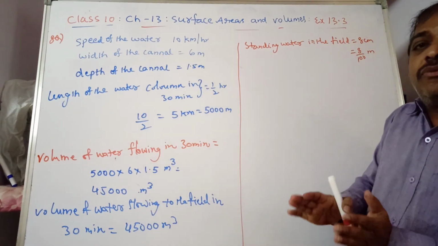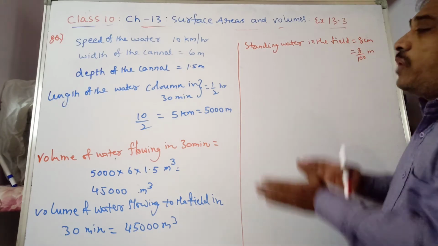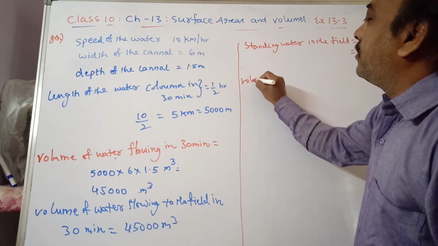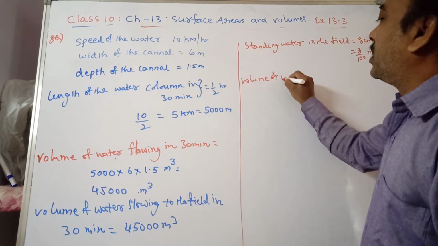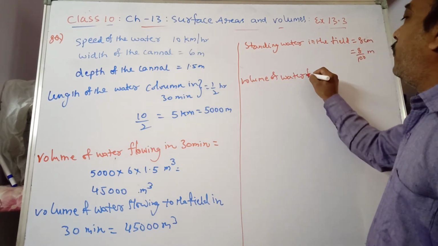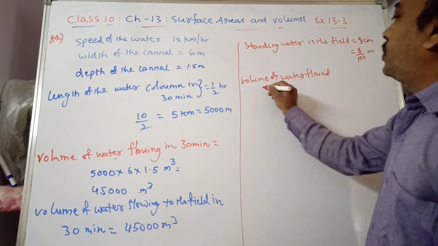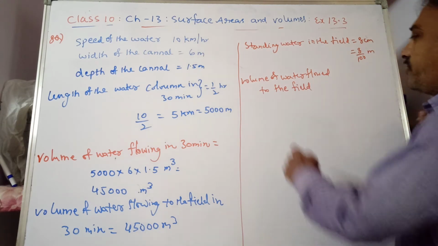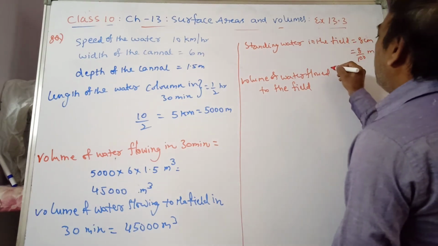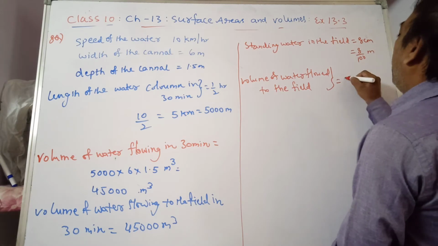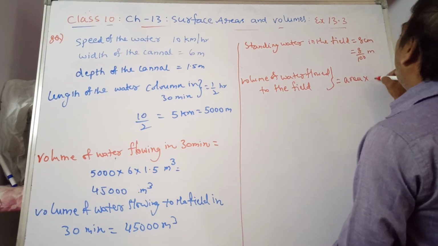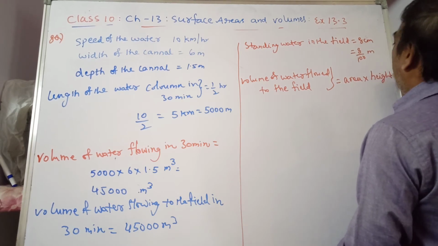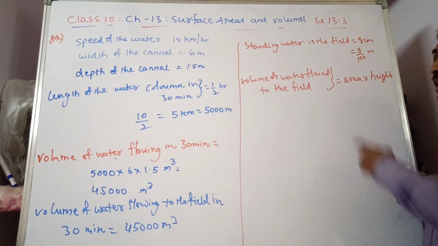Now the volume of the water which is flowing to the field is equal to the volume of the water which is there in the field. The volume of the water flowed to the field is equal to the area of the field into height.